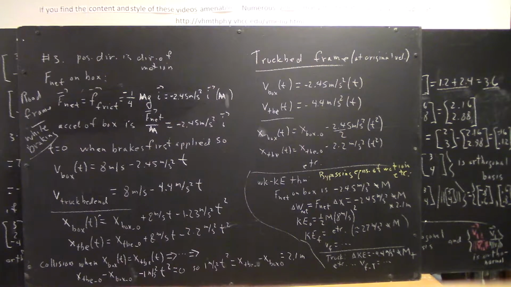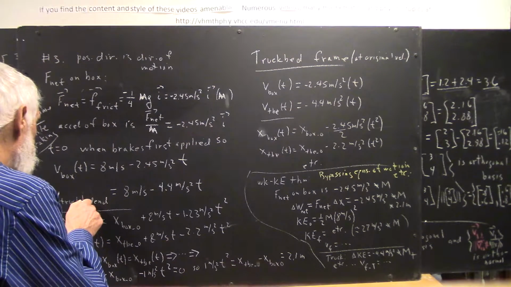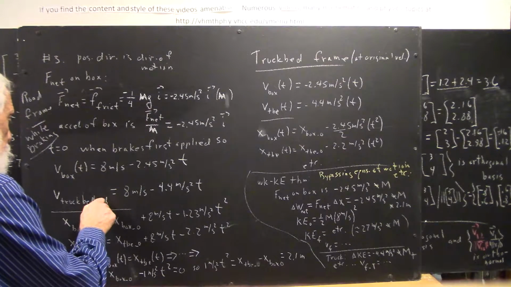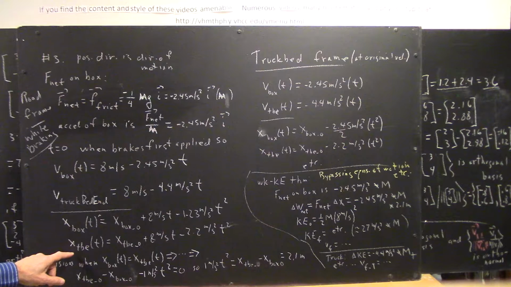And from this, we can integrate, take antiderivatives to determine the position of the box and the position of the truck bed end. This is the position of the truck bed end there. I don't know if you can read that. I should have capitalized the B and the E, but I just do that with lowercase letters here, TBE.